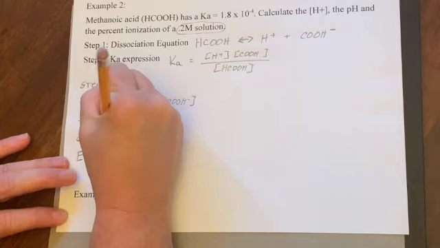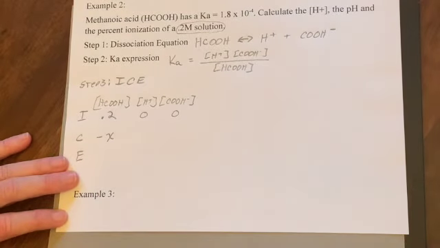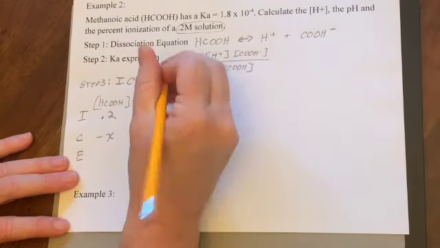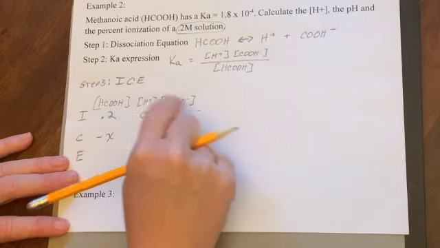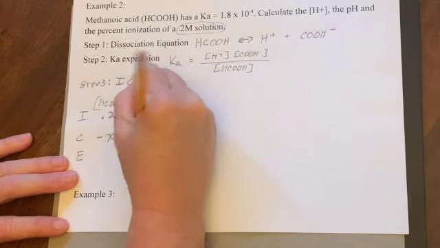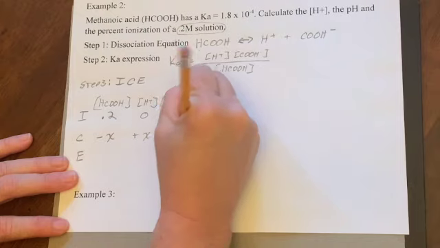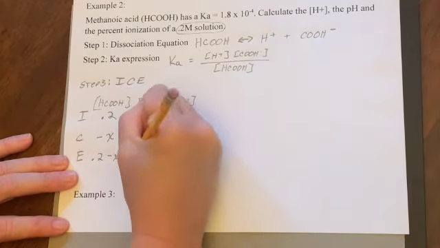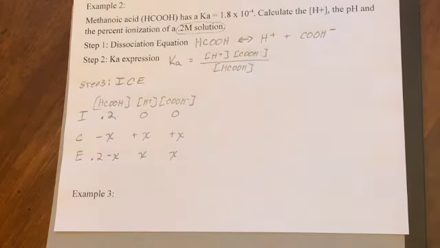So our acid is going to lose a certain amount. We're not sure what that amount's going to be, so we're going to call it X. Whatever the acid loses, the ions will gain, and these both have coefficients of 1. So plus X. At equilibrium, this is 0.2 minus X, X, and X. Fantastic.